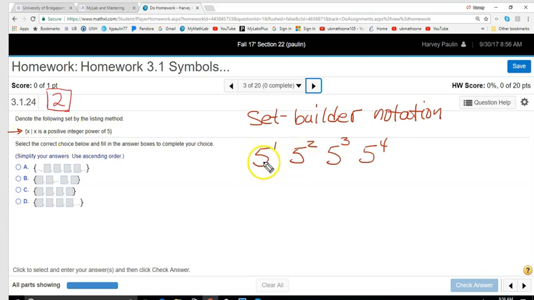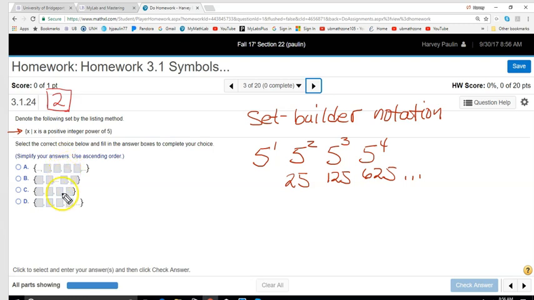Well, this would be an integer. 5, we don't usually write the 1, but then we would have to convert this to 25, and this to 125, and 5 to the fourth is 625, and then it continues. And if you recall, these 3 dots indicate the pattern continues, and this is called the ellipsis.